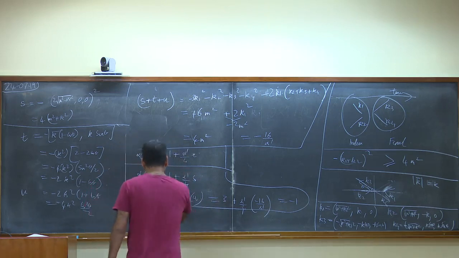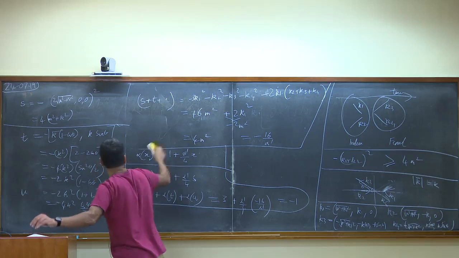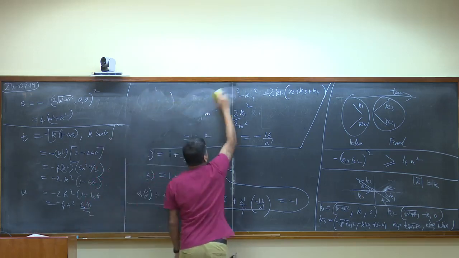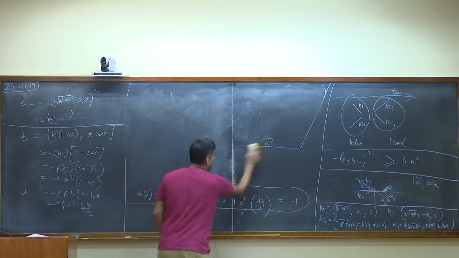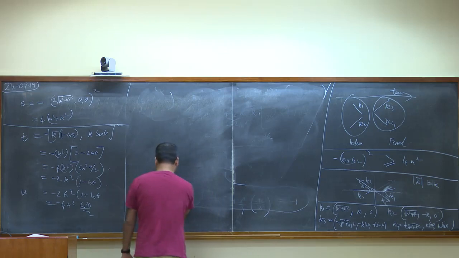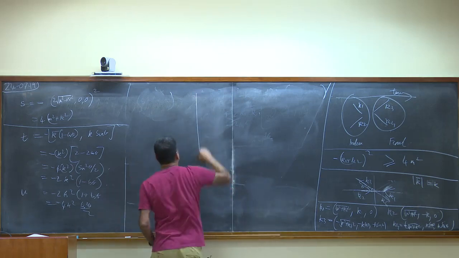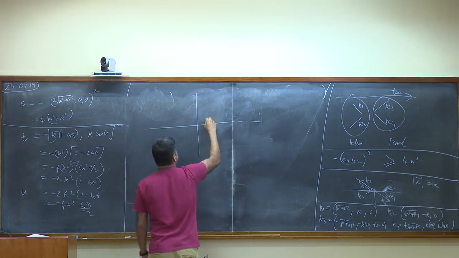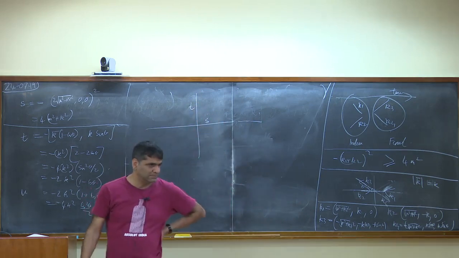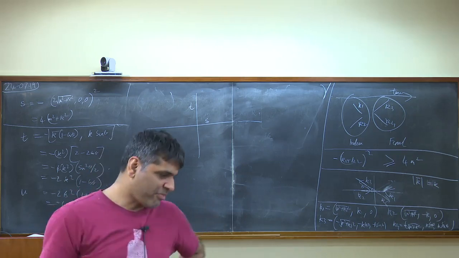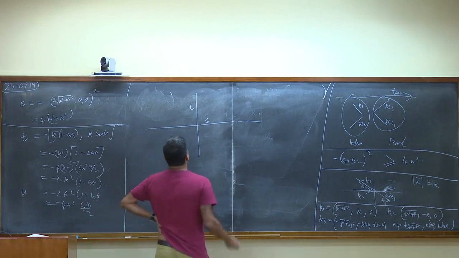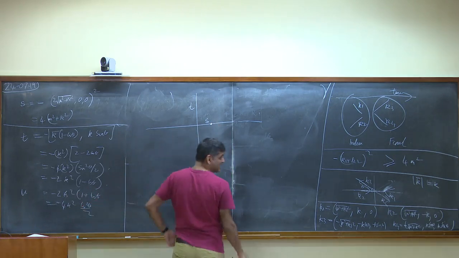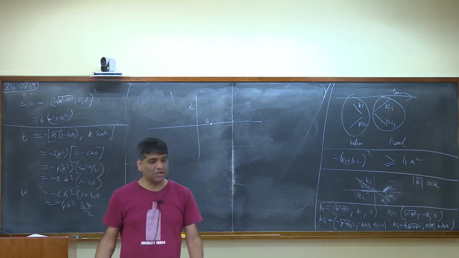The point I wanted to make at the moment, though, was a very limited one. It was simply that both T and U are negative when K1 and K2 are the initial states. Now, suppose I draw a plane with S here and T here, and I ask what region of this ST plane corresponds to scattering.